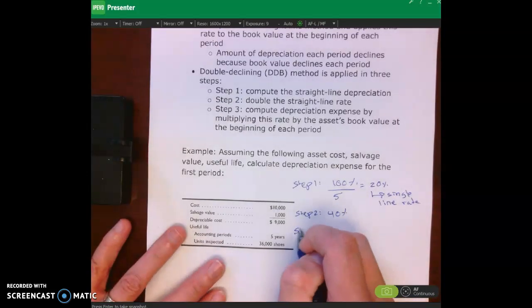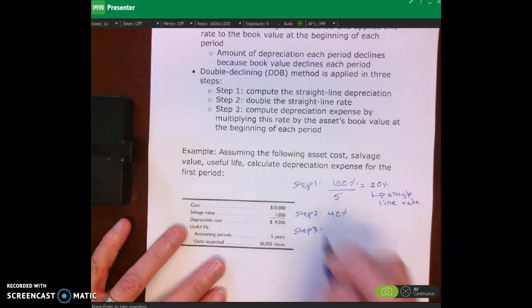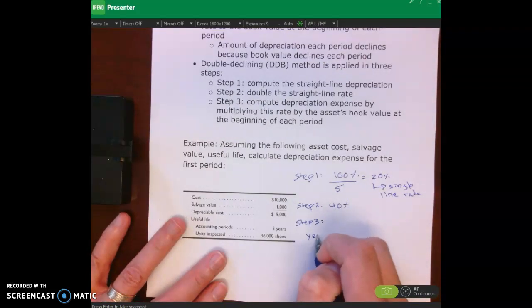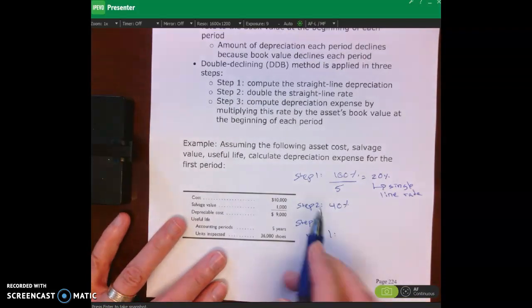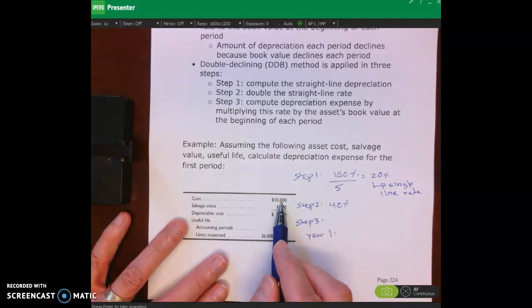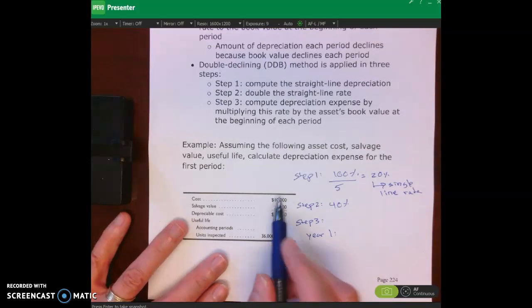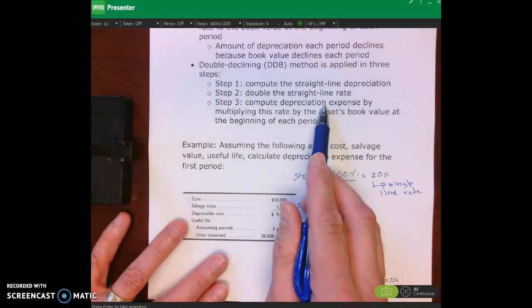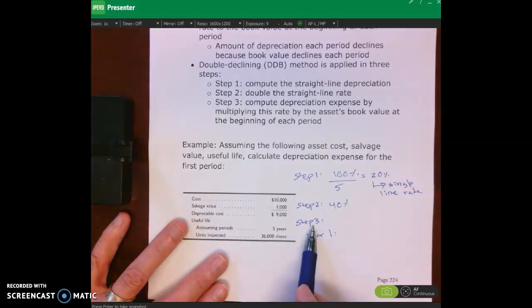Step 3, this is where it gets a little bit tricky. So for year 1, we take the $10,000, which is the book value at the beginning of year 1. I'm going to do this journal entry, debit depreciation expense, credit accumulated depreciation at the end of year 1.